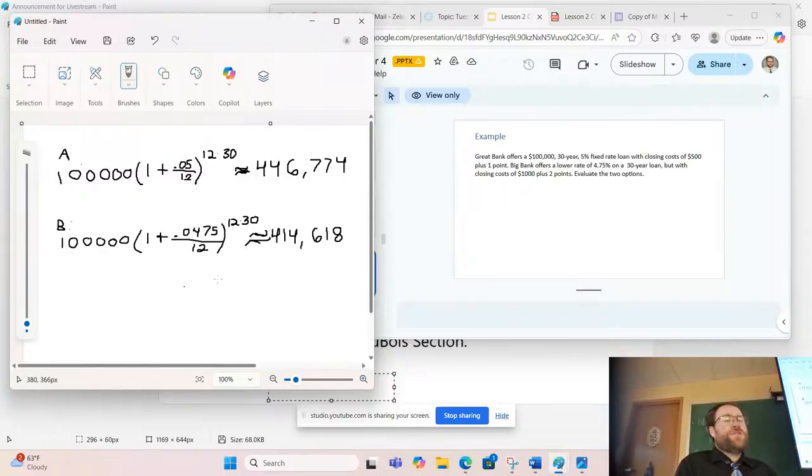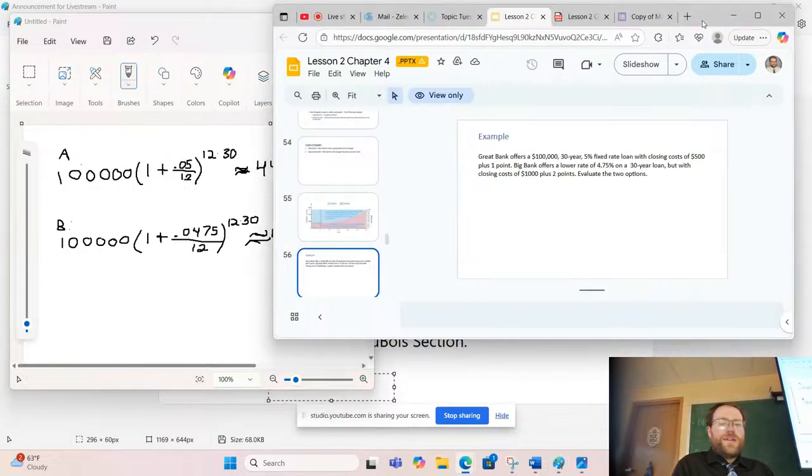So that means B is going to be an even better deal because the interest rate can go down farther, potentially. So Bank B is definitely the better choice of the two, not even considering adding the points. But the points just make it even better. Any questions about that?